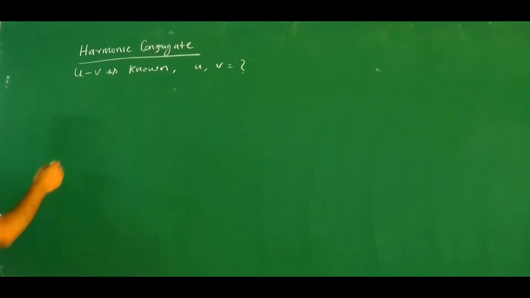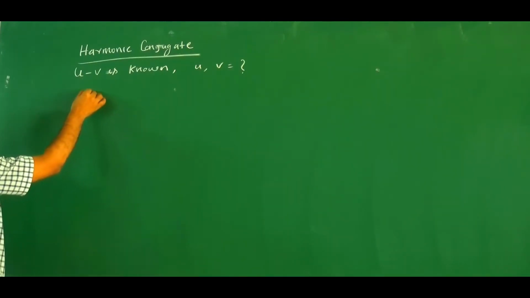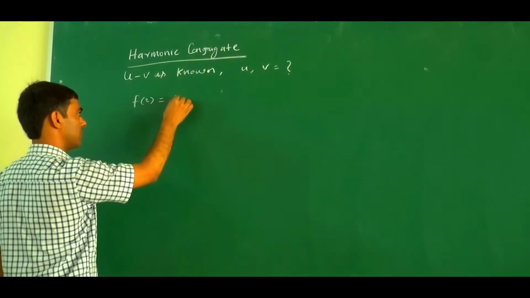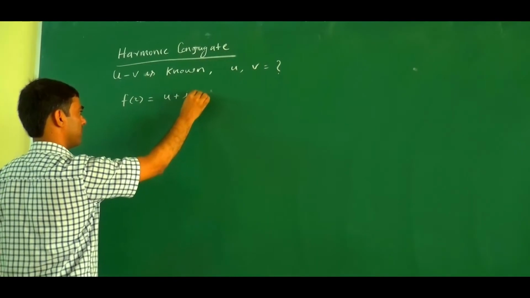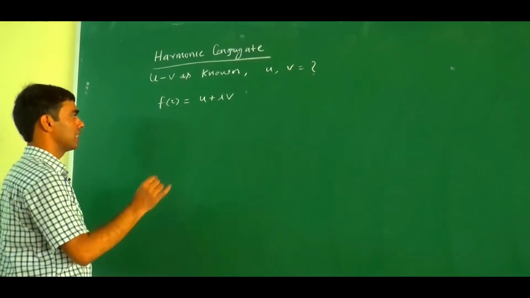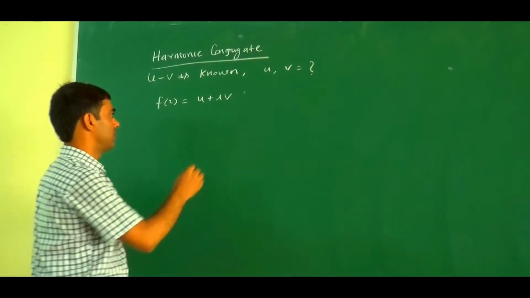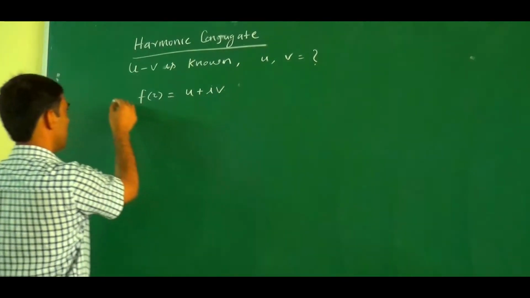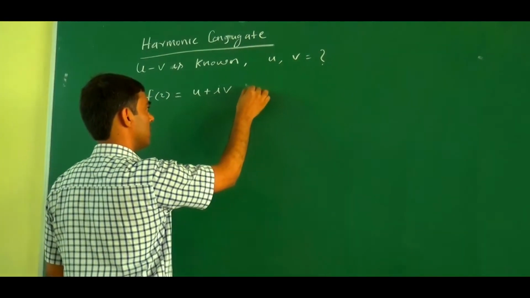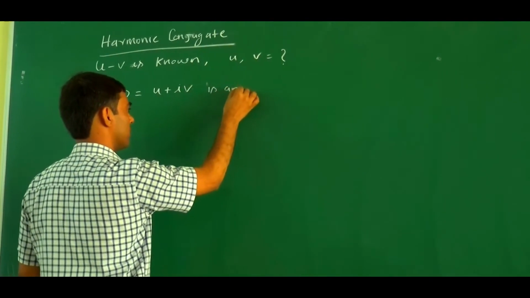We know that for the harmonic conjugate, f(z) must be an analytic function, meaning f(z) equals u plus iv is analytic.